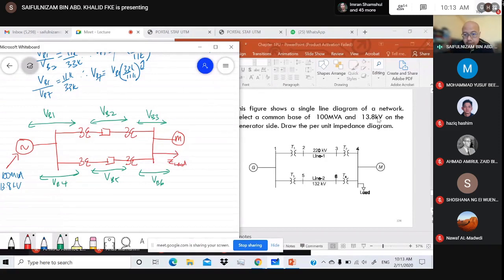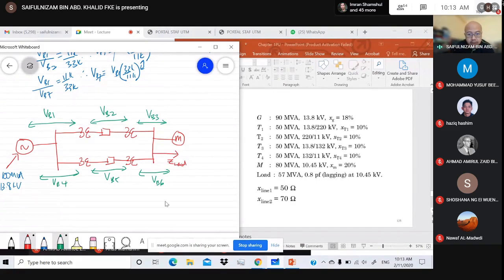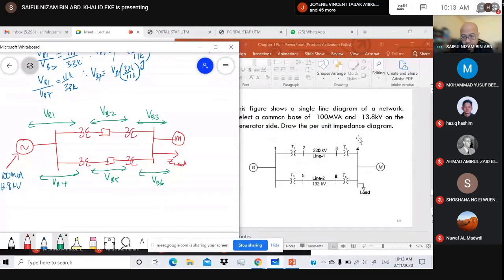Let's look at the parameters for each component: T1, T2, T3, T4.